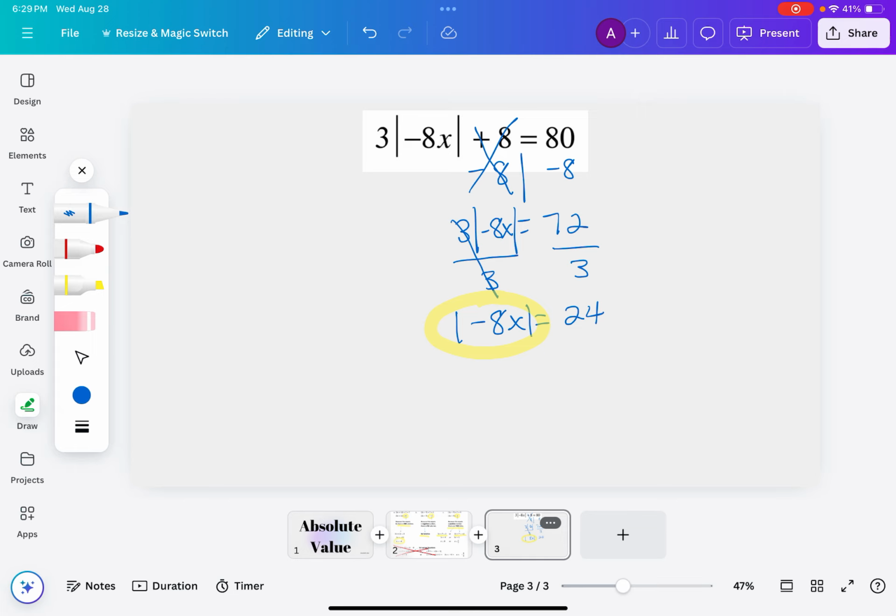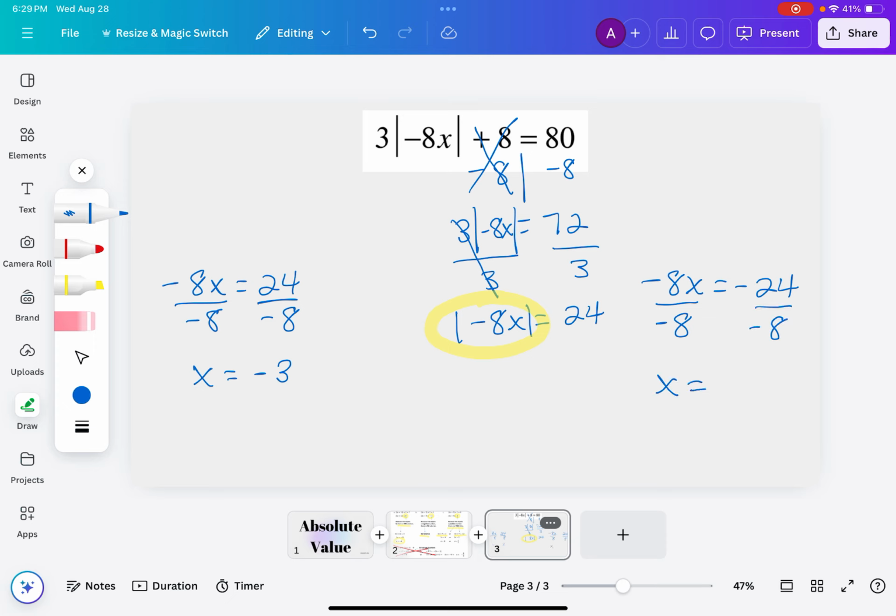So I'm going to have negative 8x equals positive 24 over here, and negative 8x equals negative 24 over here. I'm going to go ahead and solve both. So on both, I am just dividing by negative 8. So x equals, this will be negative 3. On this side, divide by negative 8, divide by negative 8. This will be positive 3.